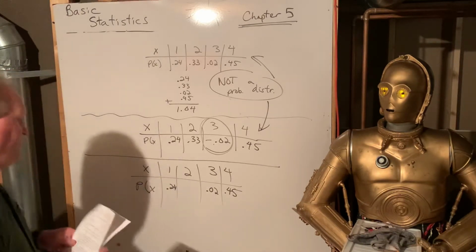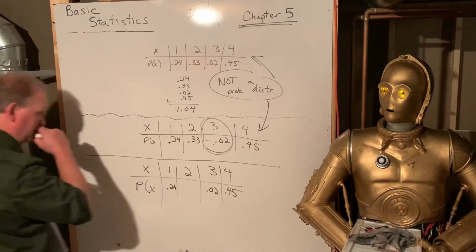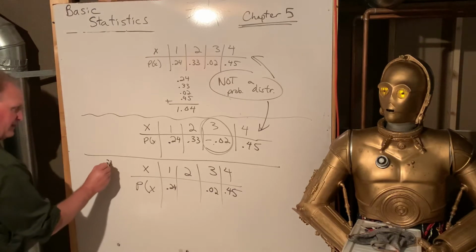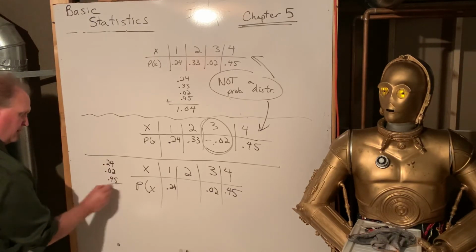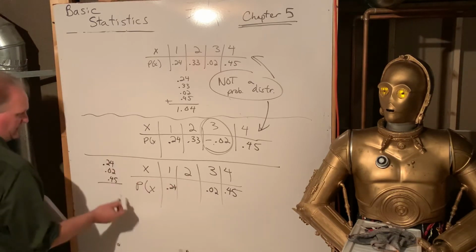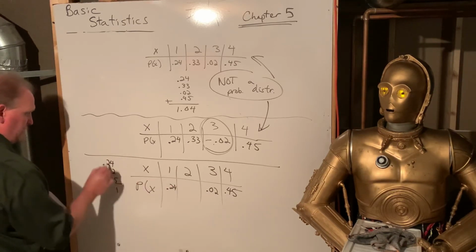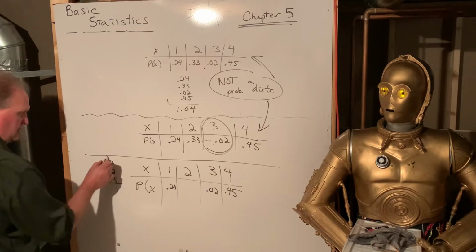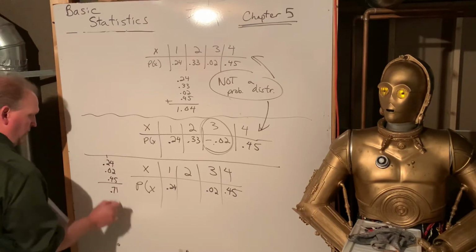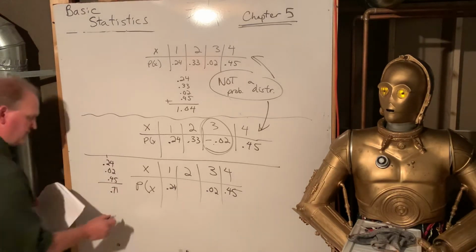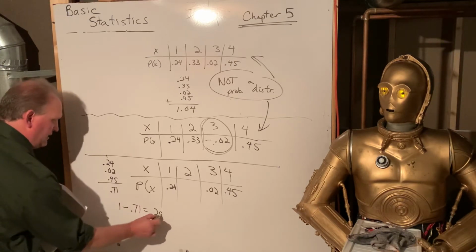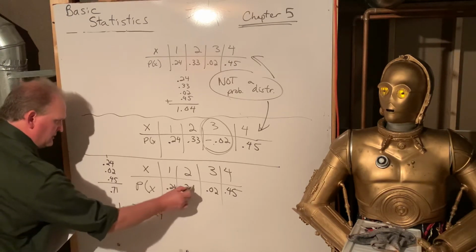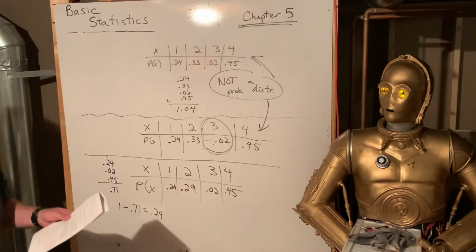You just add up the 0.24, the 0.02, and the 0.45. So add up all the other probabilities, put those together. And since we're only missing the one, we can figure that out. So that's 0.71. So if you just do 1 minus 0.71, that's 0.29. So that one is what, 2? 2 has to be a 29% chance, 0.29.